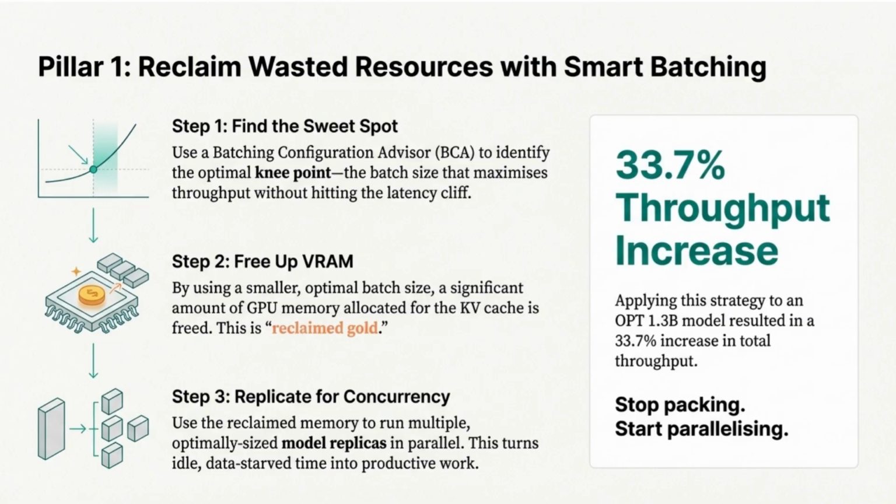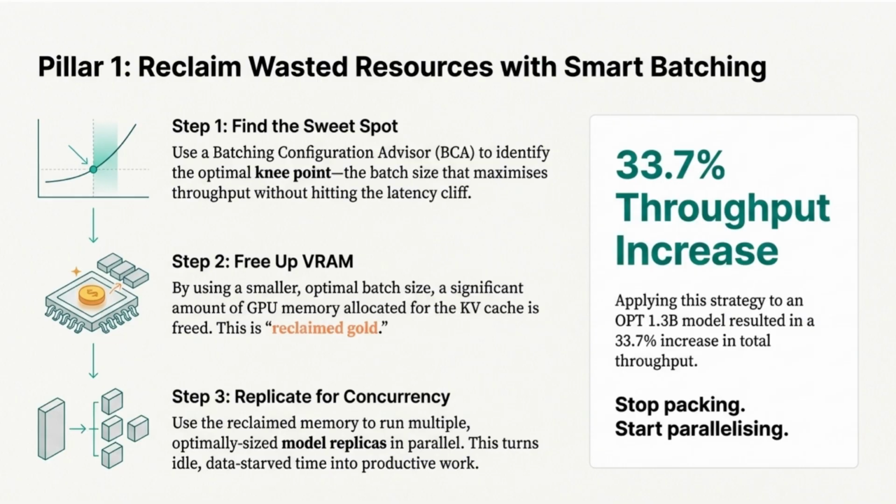Once you know optimal batch size, you realize you were over-allocating memory before. That freed memory, that's gold. Step 3. Use that freed memory to run multiple model replicas. Instead of one instance with bloated batch, run 2 or 3 instances, each at optimal batch.